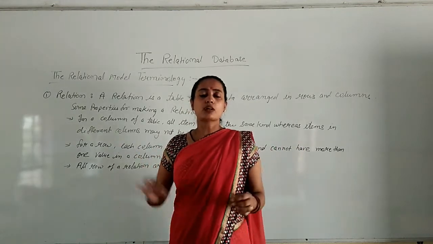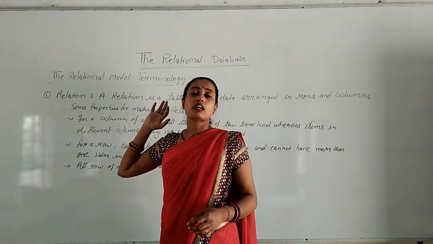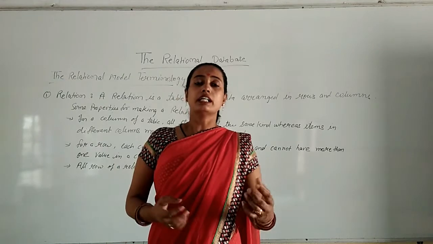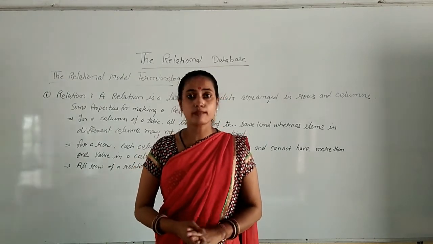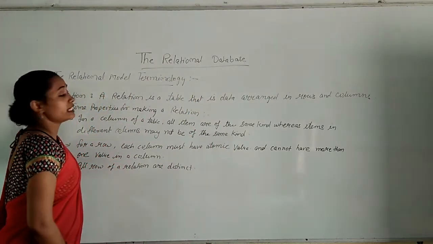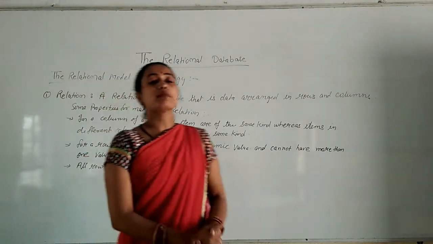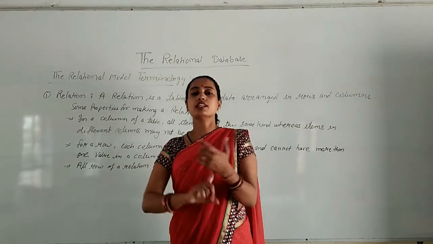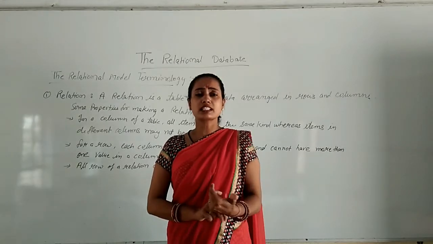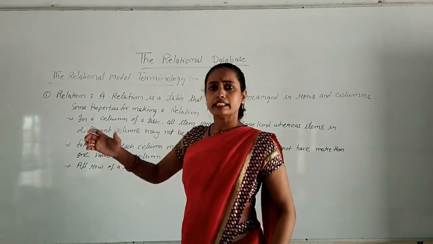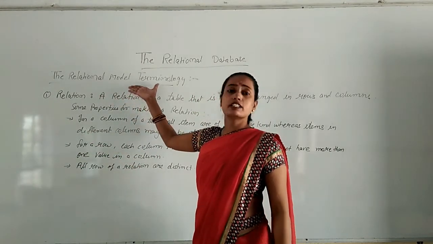Okay, so let's talk about the relational database, but before it we have some terminology that we have to understand first. First we are using here what? Relation. In a relational database we have relations. What is a relation? Why are we calling it a relational database?